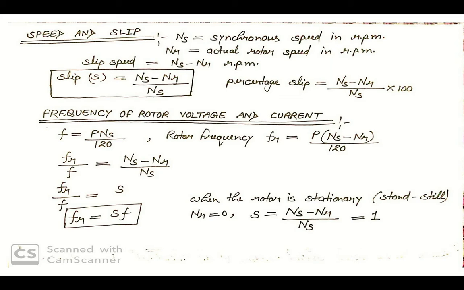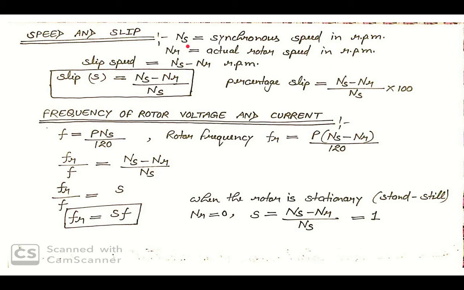An induction motor may also be called an asynchronous motor as it does not run at synchronous speed. That's why the difference between the synchronous speed and the actual speed is called the slip speed. Remember that the difference between the synchronous speed and the actual rotor speed is called the slip speed. So the slip speed expresses the speed of the rotor relative to the field.